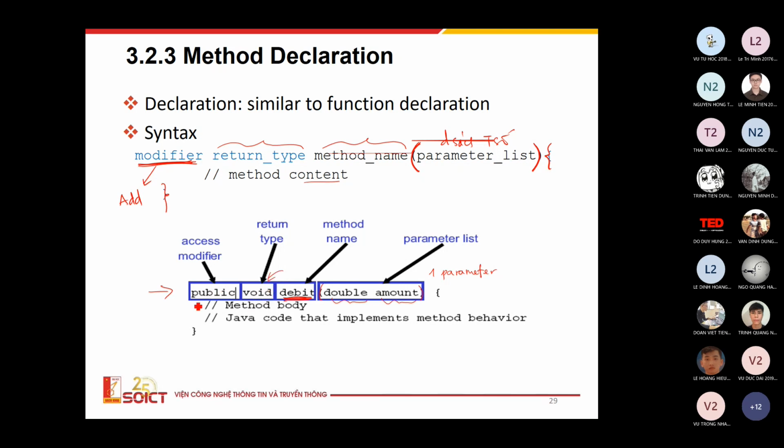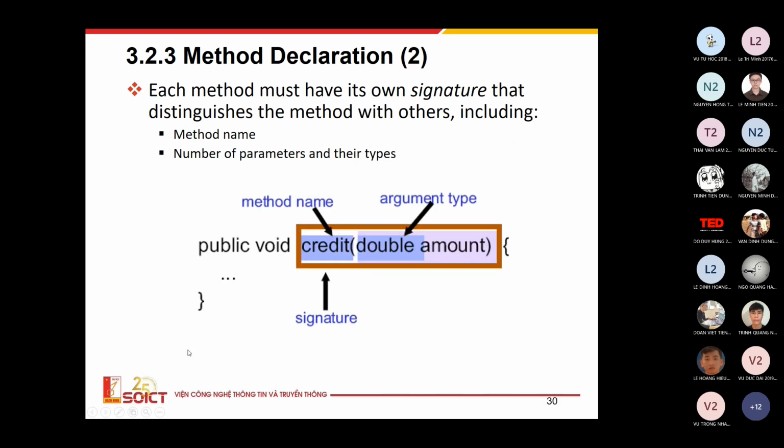The modifier is public. Inside the block of code here will be the body. And this is what we call the signature. This is very important: you have to remember the definition of signature for a method. Chữ ký của phương thức.